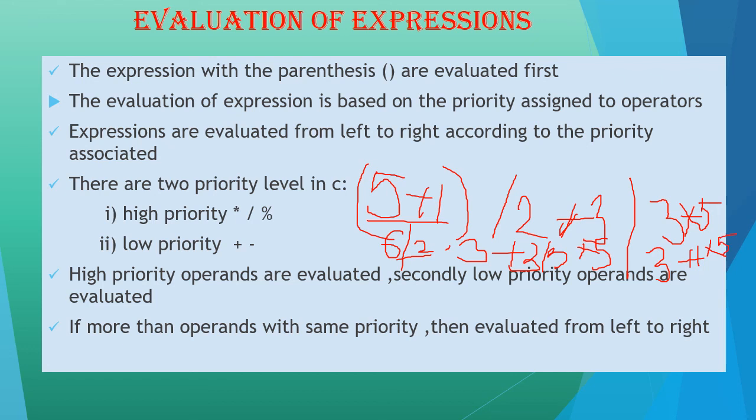Only two operators we have. Which do we do first? Yes, it's into. So 1 into 5, it is 5. 3 plus 5. What is 3 plus 5? We'll get the answer as 8. So this is the way we do the evaluation. We can say in maths it is the BODMAS rule.